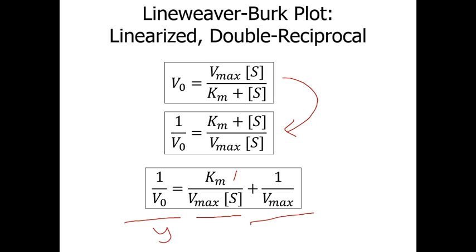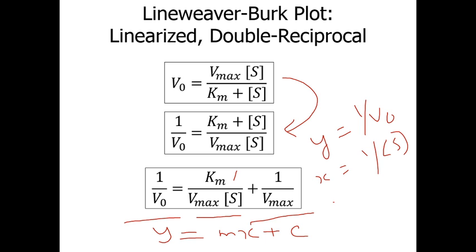And this is very similar to our straight line equation, right? y is equal to mx plus c, where y is equal to 1 over V0, x is equal to 1 over S, and c is equal to 1 over Vmax.